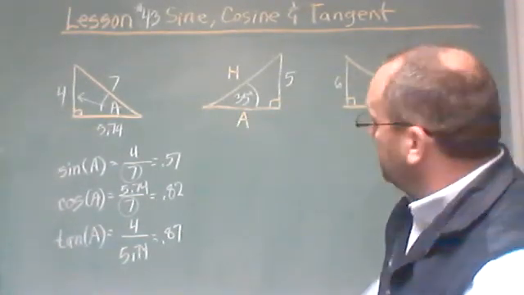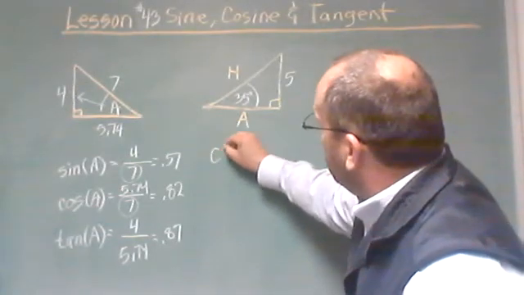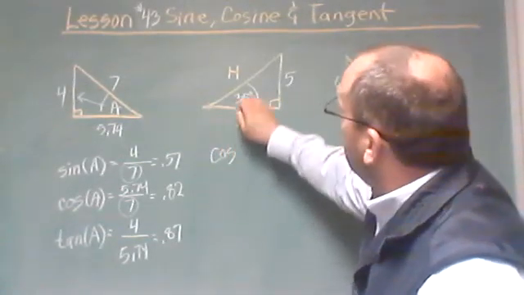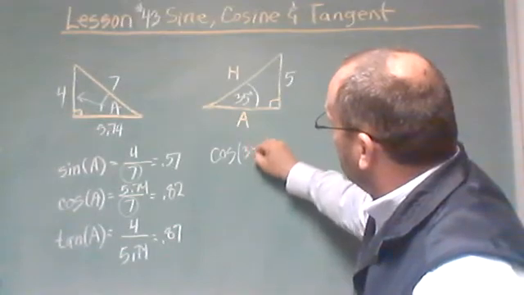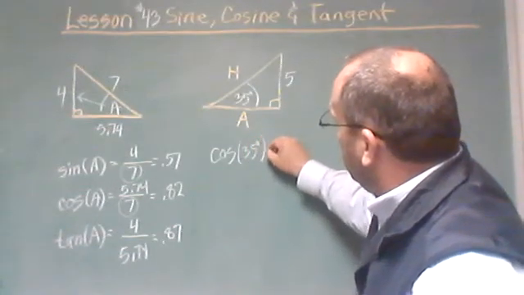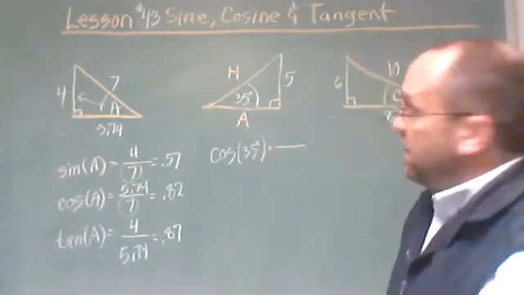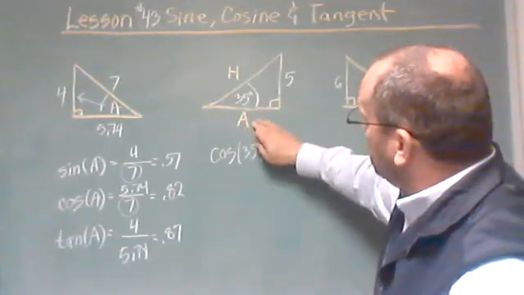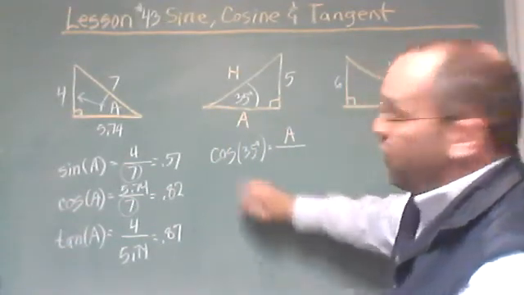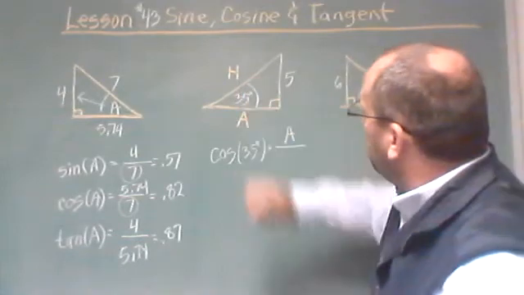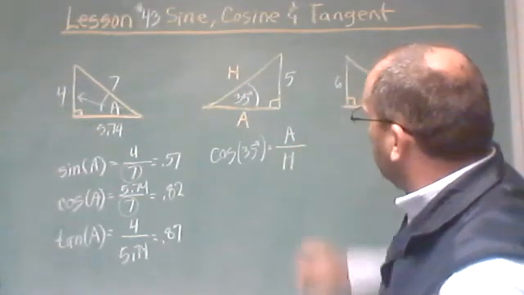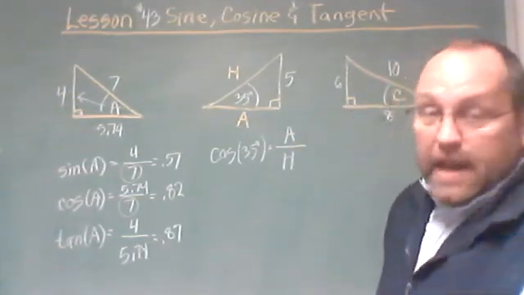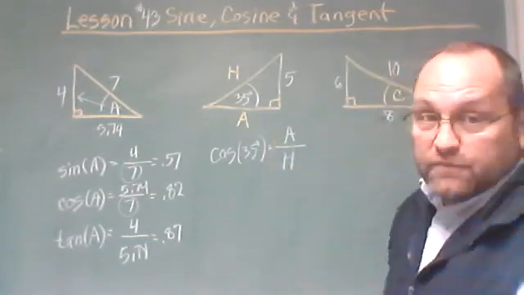The cosine of 35 degrees is going to equal the ratio of the adjacent side length, that's my A, over the hypotenuse. Oops, the hypotenuse is H. I guess I can't use the cosine because I have two unknowns.